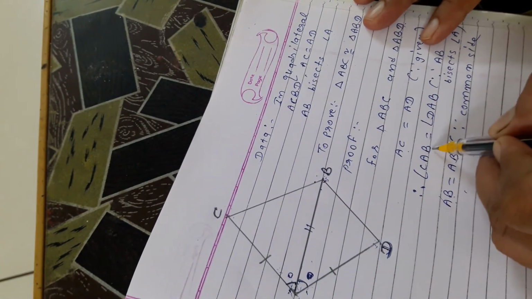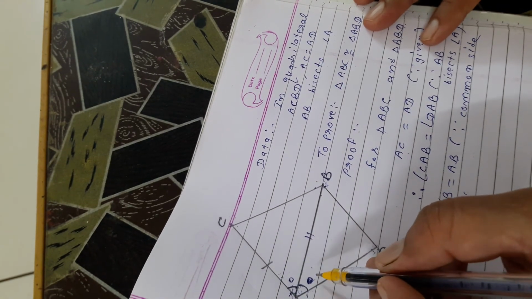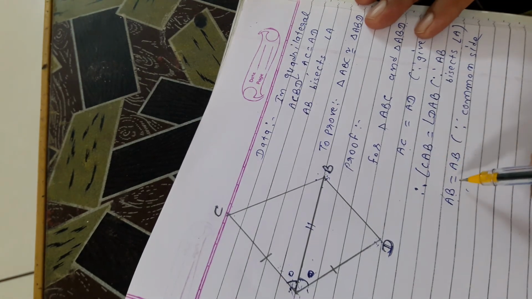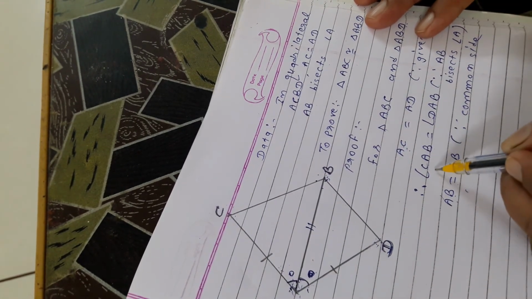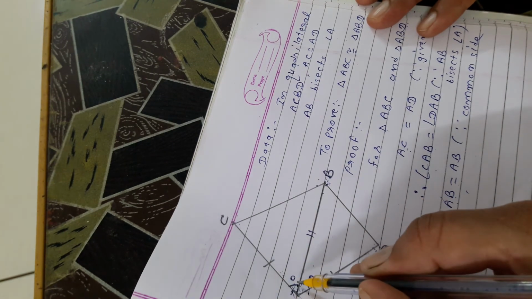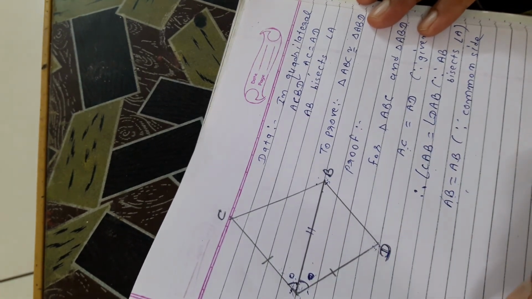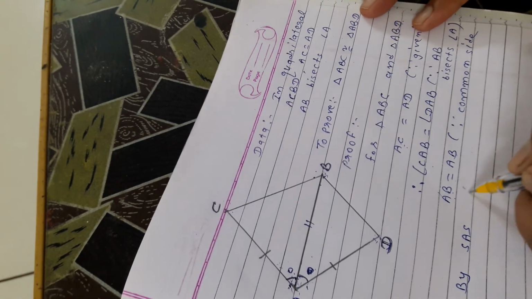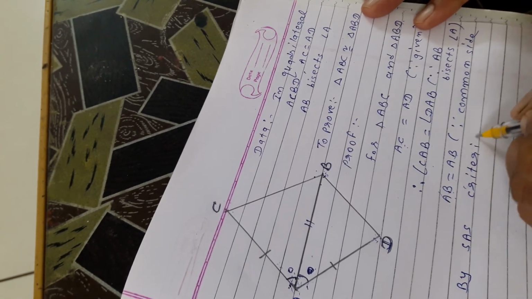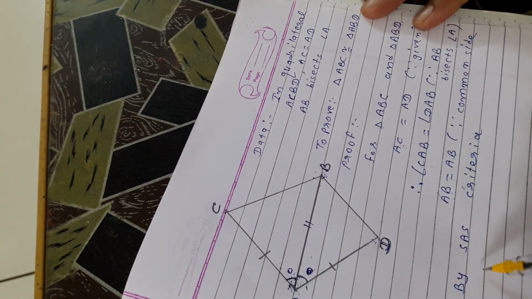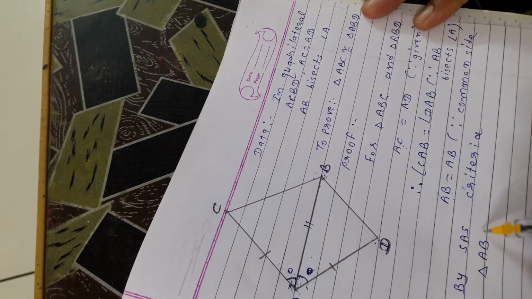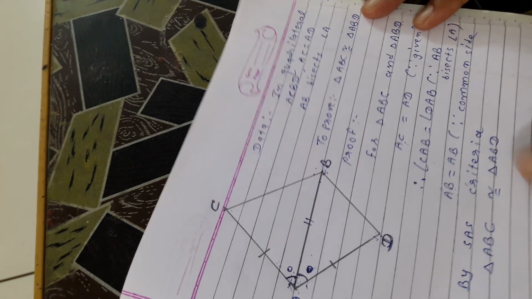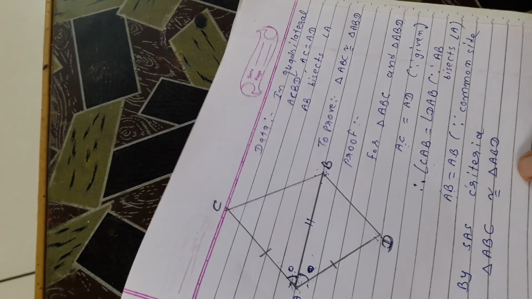So the included angles of both the triangles are also same. So by side angle side, therefore by SAS criteria both the triangles are congruent, that is triangle ABC is congruent to triangle ABD. This we have to prove.